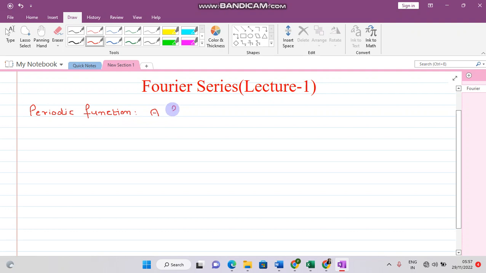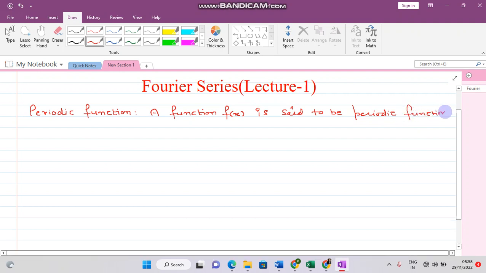A function f of x is said to be a periodic function of period T if f of x plus T is equal to f of x for all x belonging to the domain of the function.